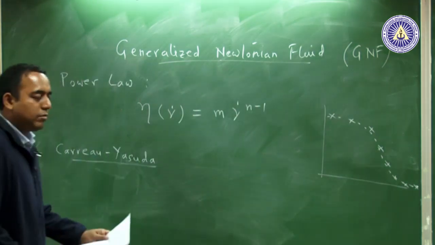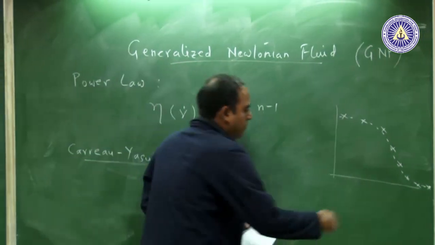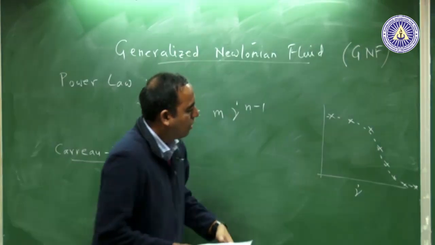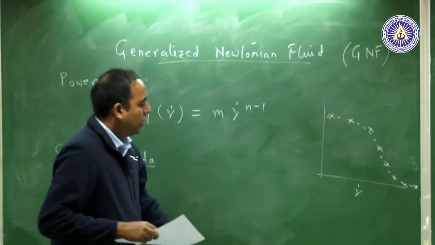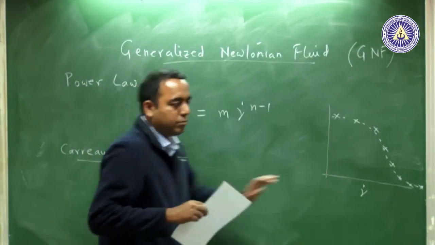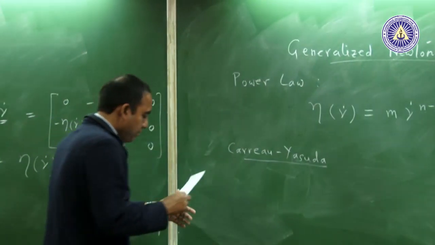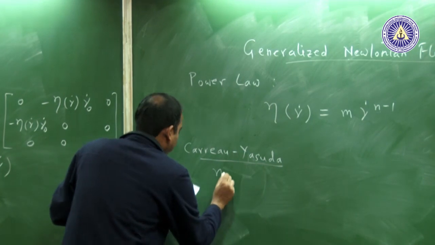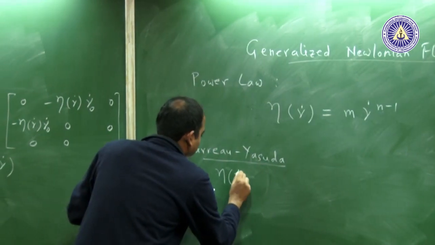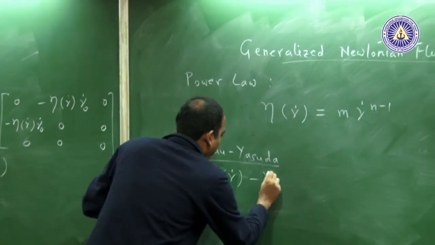So, you will have a plateau at low values of gamma dot, a plateau at higher values of gamma dot, and a power law portion as well. All of this is embedded in the Carreau-Yasuda model. Again, it is an empirical model, but it has more fitting parameters, which makes it complicated to use.